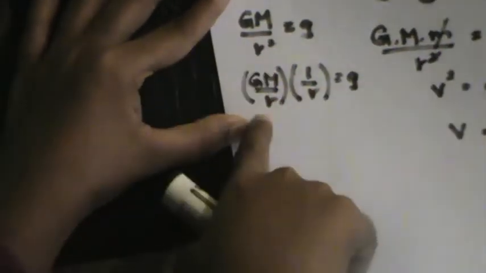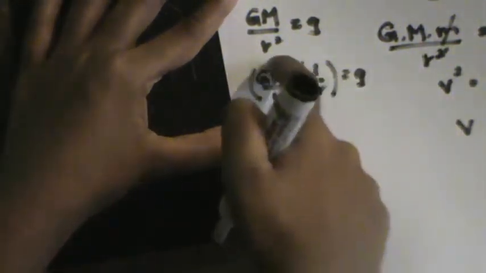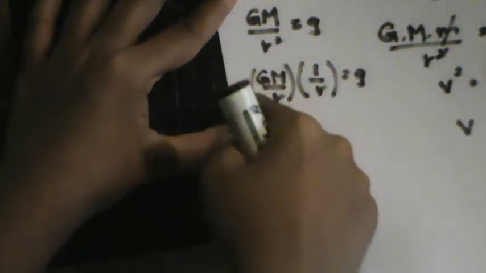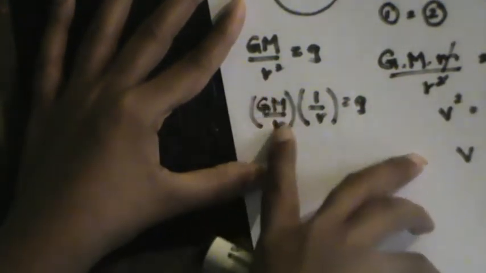So you can take this to be GM by r times 1 upon r equals g, right? What I did was I split r squared into r and multiplied by 1 upon r, right? So this is the quantity we are actually concerned about. That's why I split that. We are not concerned about GM by r squared. We are concerned only about GM by r.